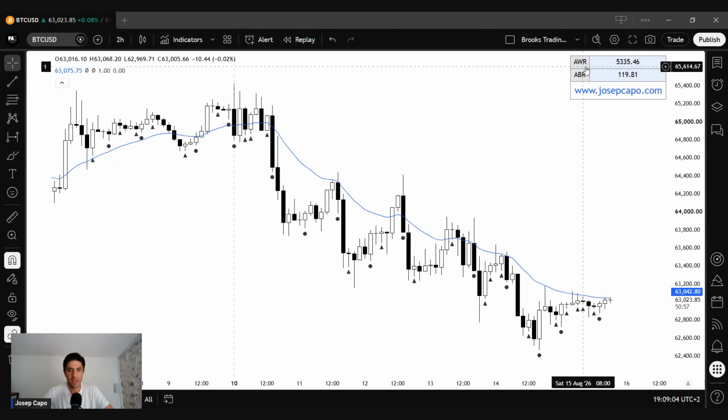Why is that important? The average weekly range is the range of the bars of the past 20 weeks, right? It tells me on average the size of the moves during the last 20 weeks. When we are trading intraday, we pay a lot of attention to how far the move has gone in relation to the previous days.